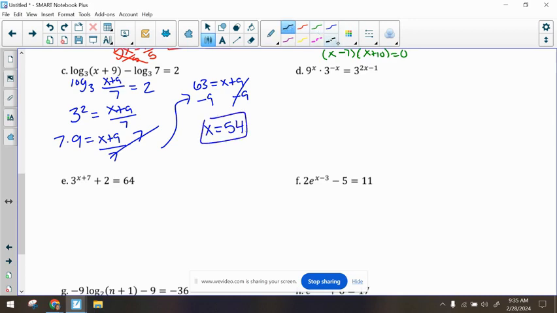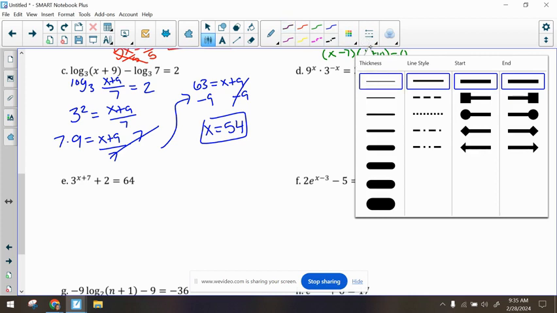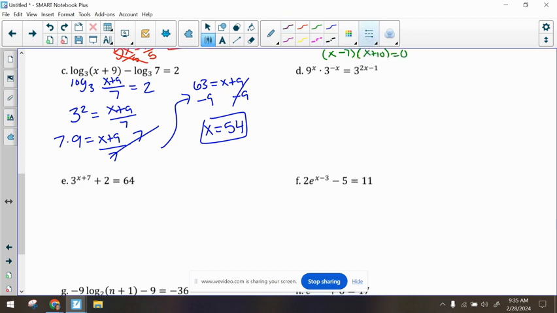Moving on to question D. This is going to be similar to question A, where I have to get the same bases. They're going to be base 3, and the only one I need to change is that 9. So I'm going to make that 3 squared and keep the x up there, times 3 to the -x equals 3 to the 2x minus 1.